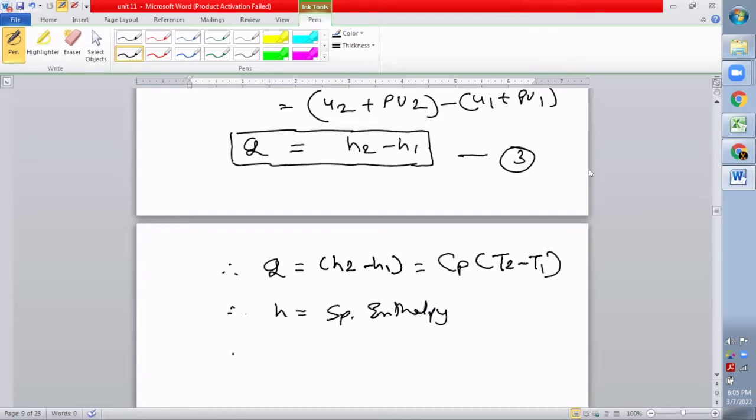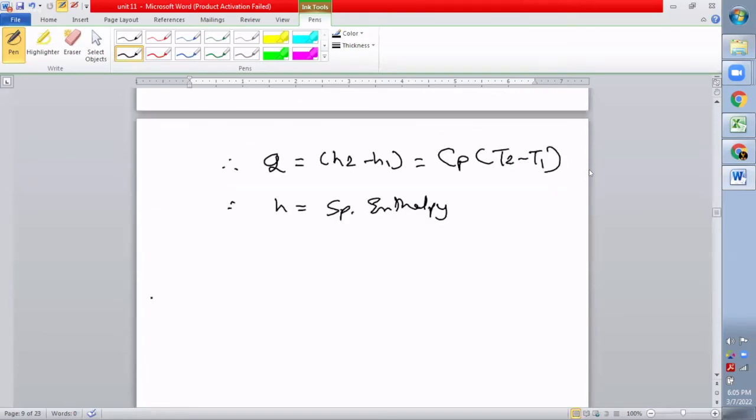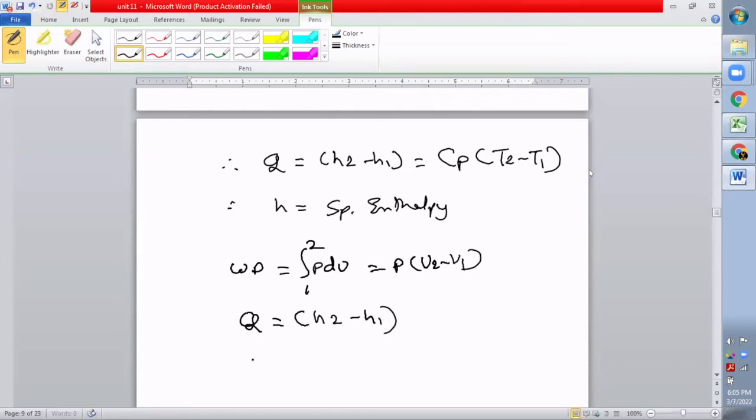So in this case, the work done in the constant pressure process is equal to the integral of P dV from 1 to 2, which is equal to P multiplied by (V2 minus V1). Then Q is equal to H2 minus H1, and this del H is also Cp multiplied by (T2 minus T1).